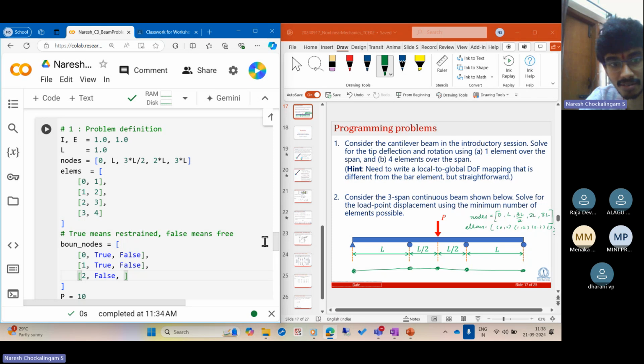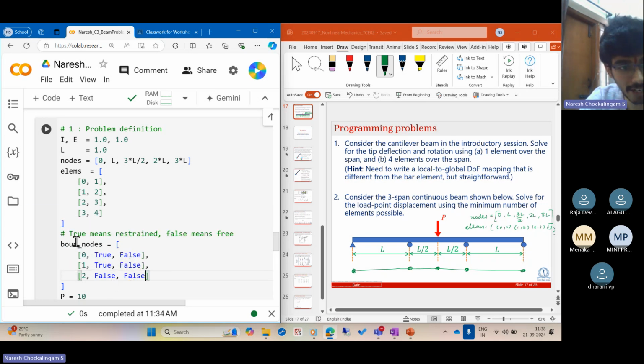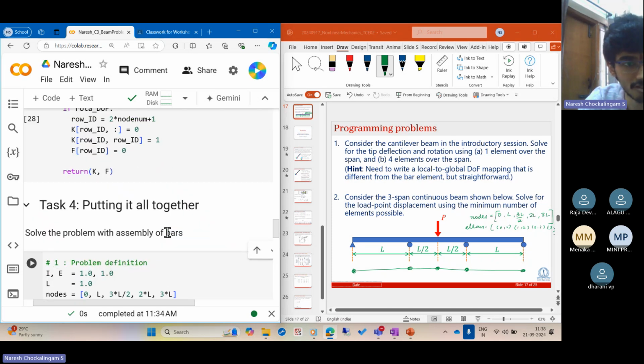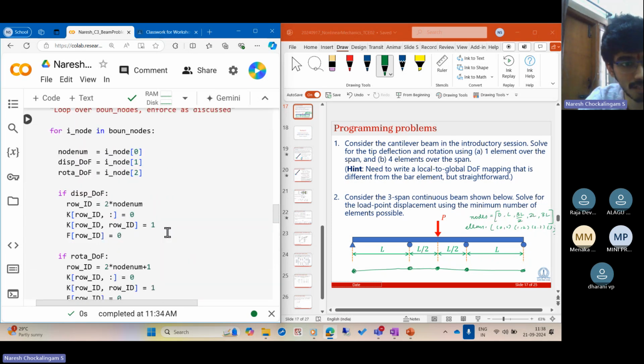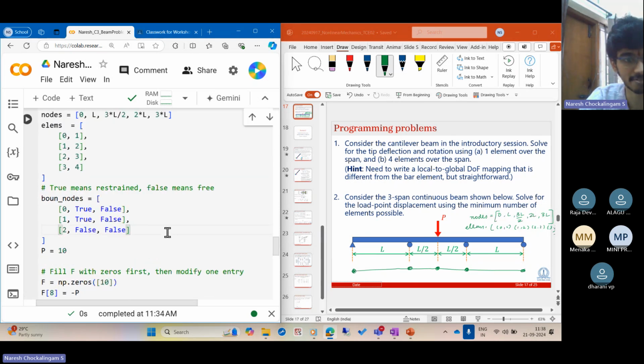So it is just false, false, right? So basically, you look at the node. In fact, if it's false, false, you don't need to put it in bound nodes, but it's still okay. It will not get enforced because we are having 2 ifs. Only if at least one of the ifs is satisfied, we get this. So you can put it, but it's waste. But in the initial portion, when you're just starting to learn, it's okay to include it.